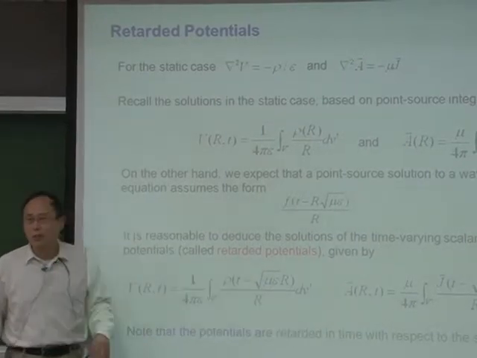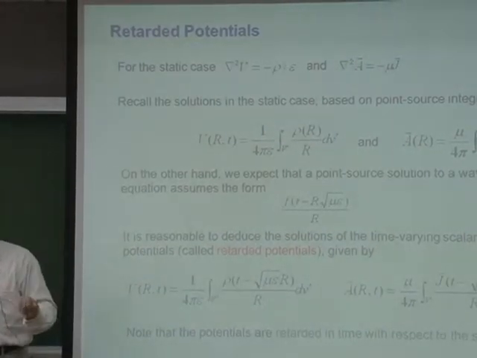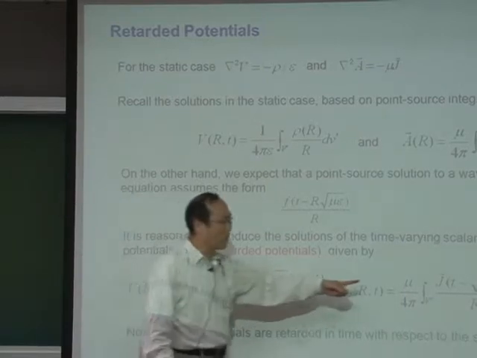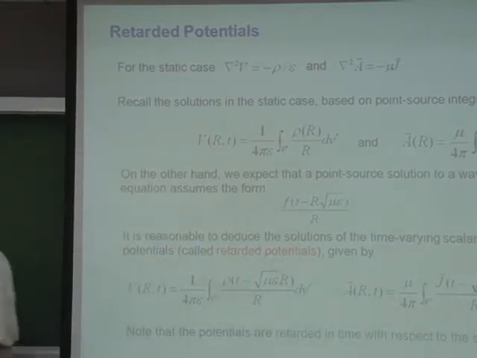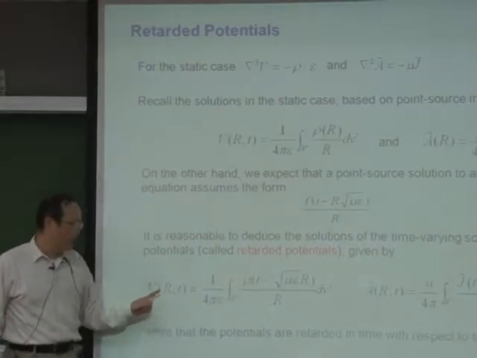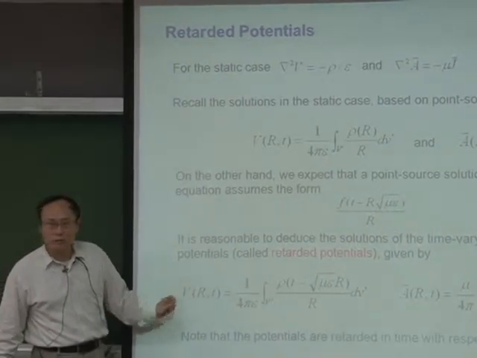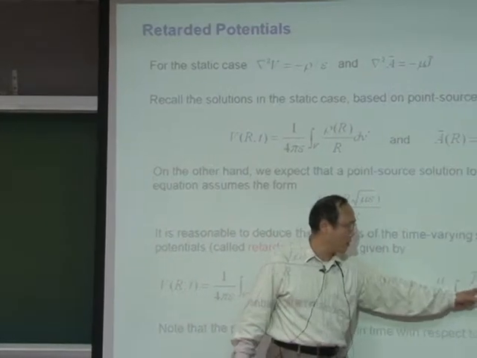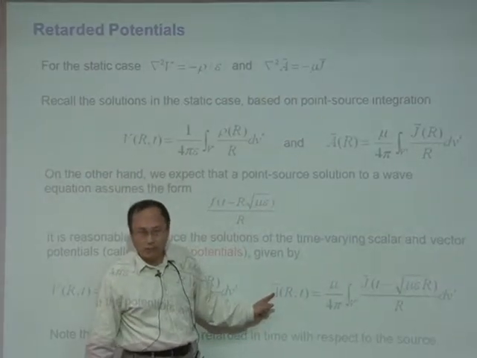You notice that where the charge or the current exists, the time is not the same. This is the time you measure the electric potential. This is the time you measure your vector potential.